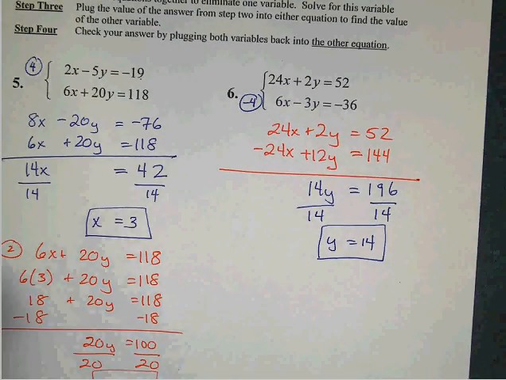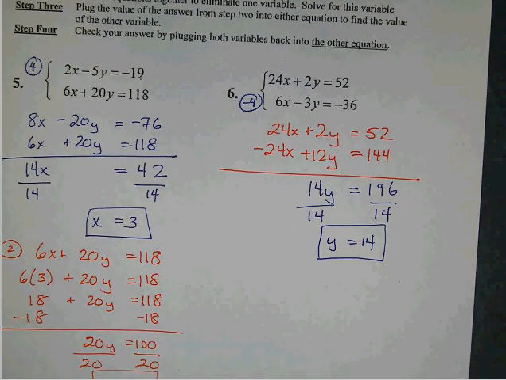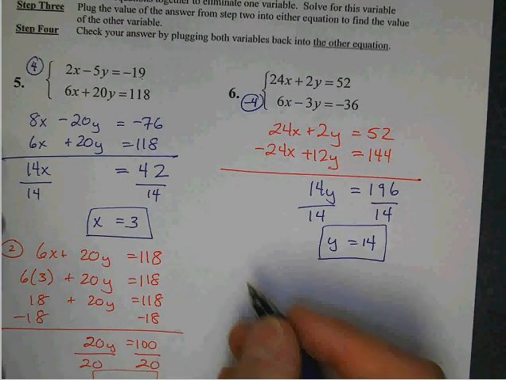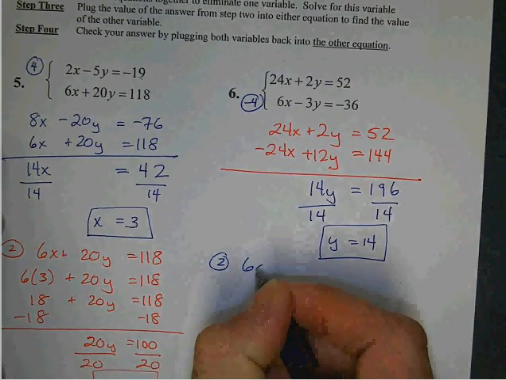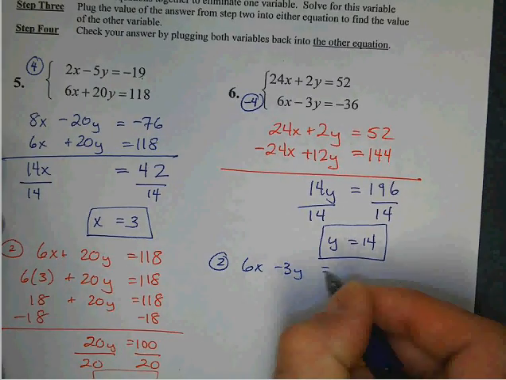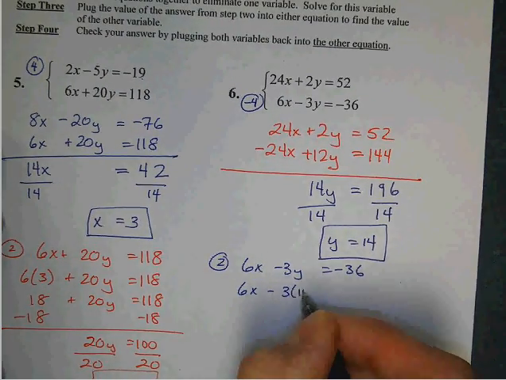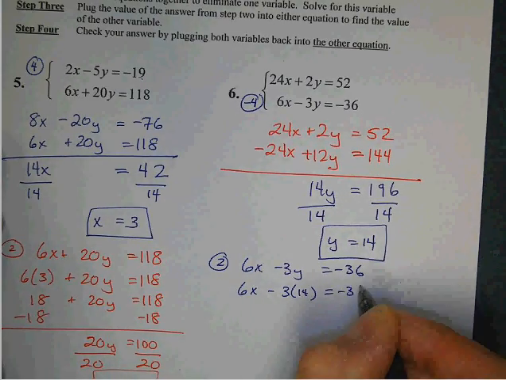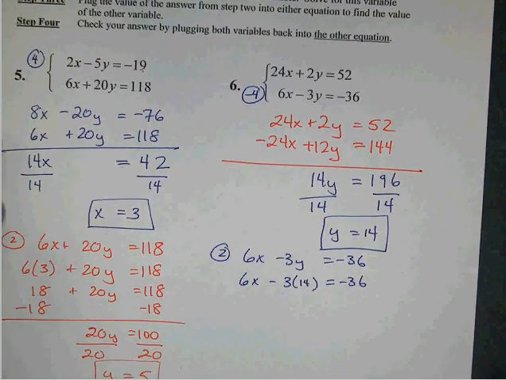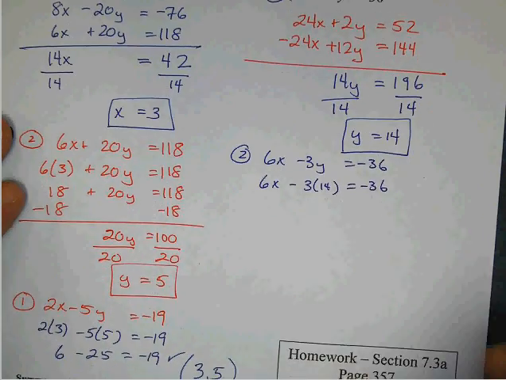Now, which of the two equations at the top looks easier to work with? The 24x or the 6x? The 6x. So let's use the 6x. 6x minus 3y equals -36. 6x minus 3 times 14 equals -36. 3 times 14 is 42.